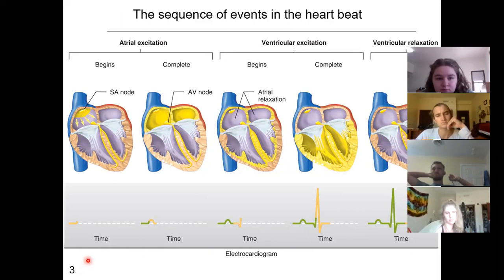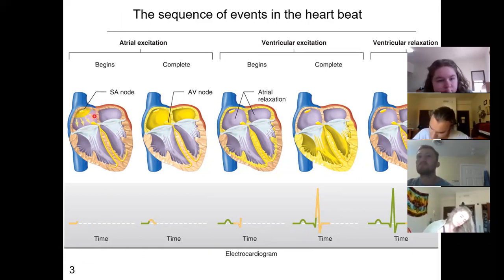Well, okay, so not quite the next slide. So this slide shows the sinoatrial node beats first. Electrical activity spreads throughout the atria. That's what this yellow is supposed to signify. So electrical signaling spreads from the sinoatrial node throughout the atria.